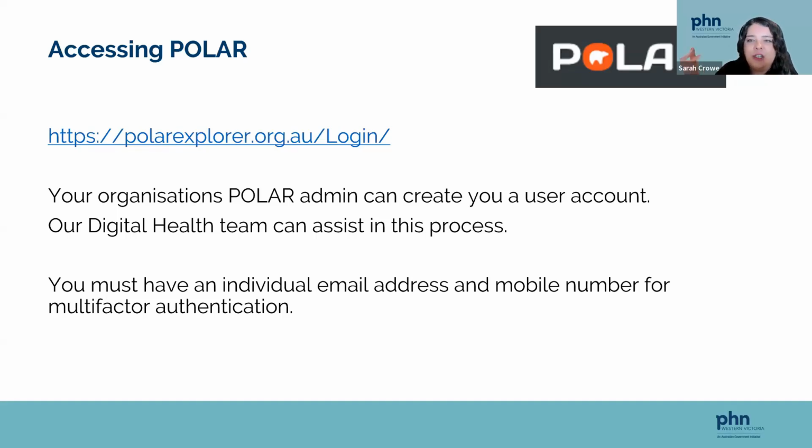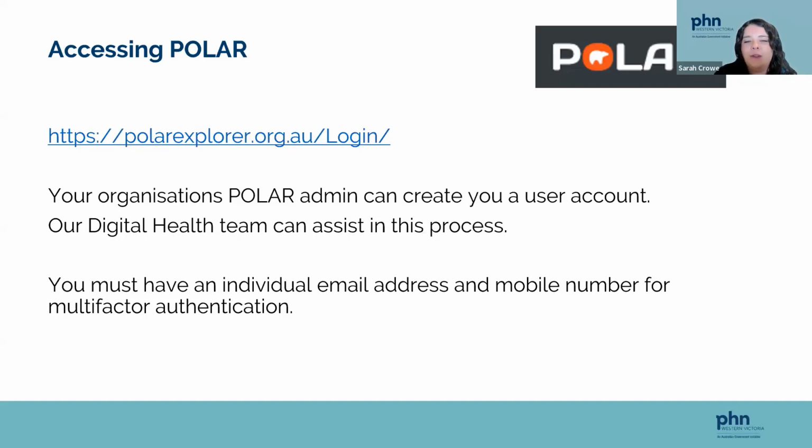And every organisation that has Polar has an admin user set up. It might be your practice manager, it might be your owner, but basically that person has access to add as many user accounts as they need. So if you're not sure how to access Polar, find out who your admin user is and they can add you. And if you're not sure, get in contact with us, the digital health team, and we can help you find that as well.